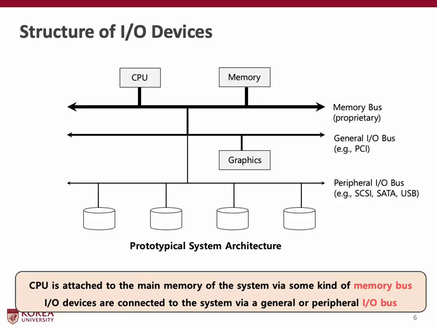General I/O bus is slower than memory bus, but faster than peripheral I/O bus like SATA or USB. And these slower I/O devices like keyboards or printers are connected through slower and cheaper buses like USB or SATA. By doing so, this design helps balance performance and cost in modern computer systems.